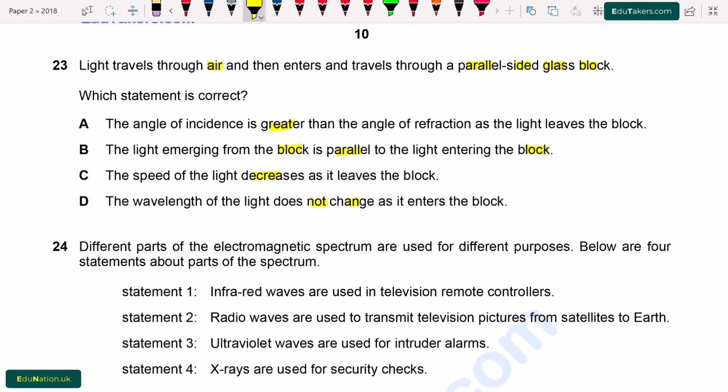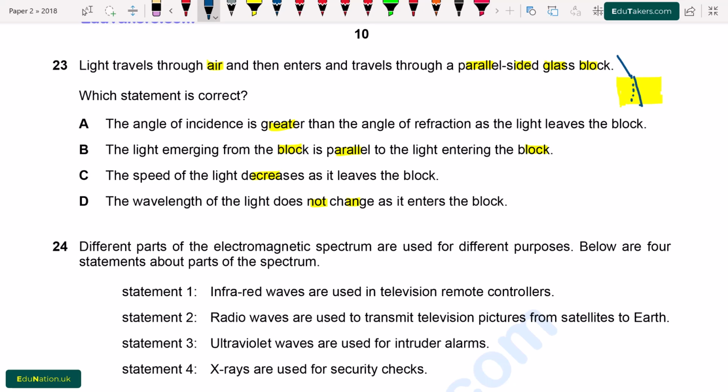So first of all, here is a block. There is a light that is incident on this block. There is a process of refraction. So when this light is incident on this block, this will bend towards the normal. If I draw the normal here, the path of this ray changes and it will be like this.